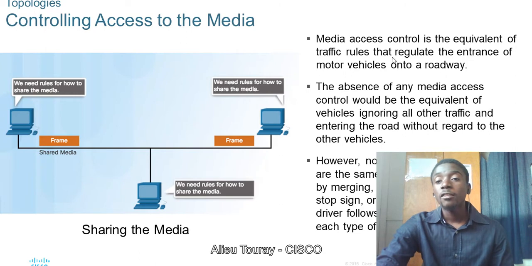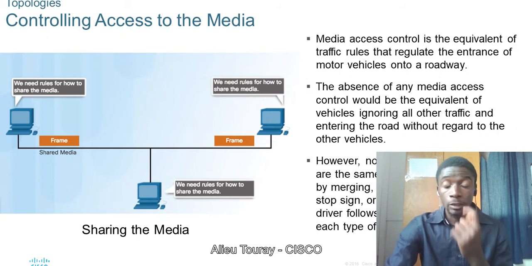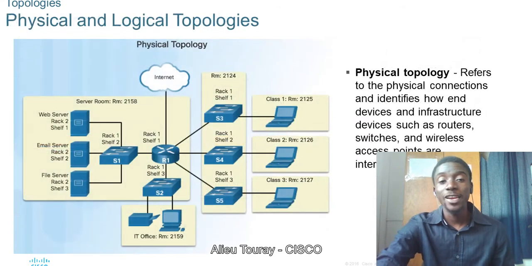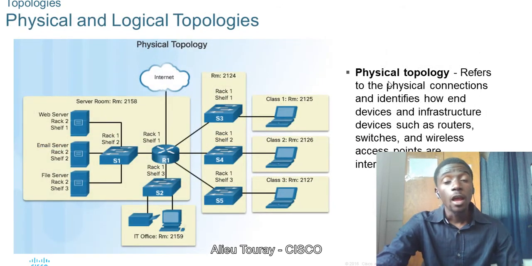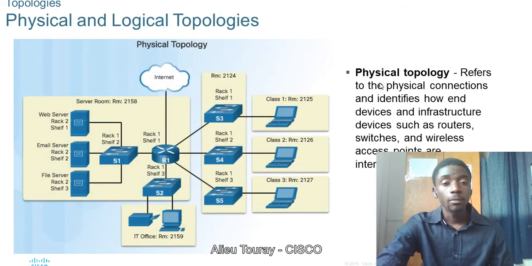So the media access control is the equivalent of traffic rules that regulate, like I was just saying. However, not all roads and entrances are the same. Traffic can enter the road by merging, by waiting for its turn at a stop sign, or by obeying signal lights, not just going to the street when the light is still red and hitting somebody.